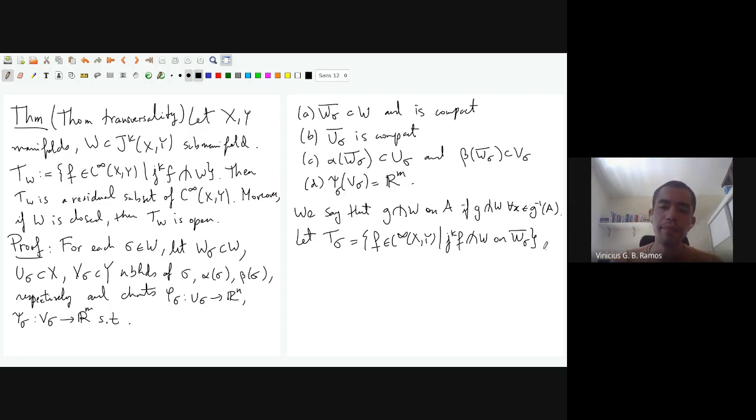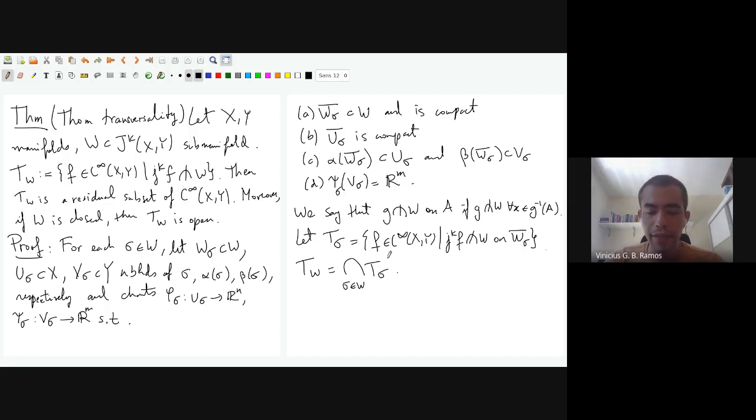And then what I told you, it's kind of almost obvious that T_W is just the intersection of all of the T sigmas for sigma in the index set, and that's because W sigma bar is a covering of W. So if the kth jet of the function is transverse to W on all the W sigma bars, then it's transverse to W everywhere.